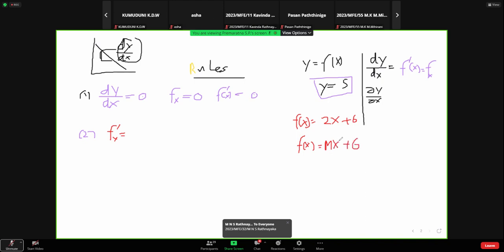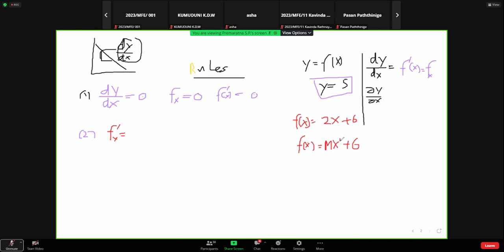So when you differentiate a simple linear function, the answer is the coefficient. That is a very simple thing.